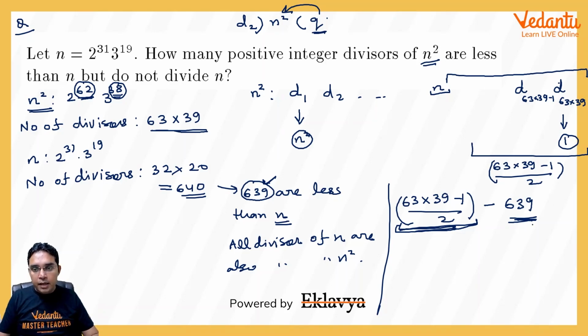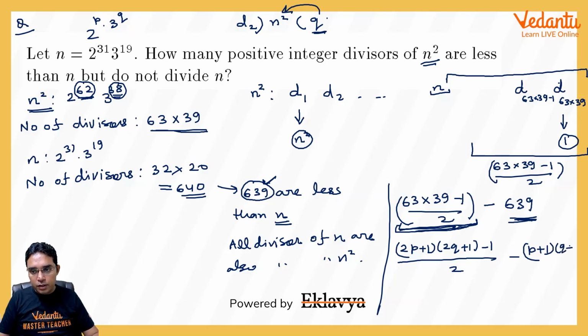I will leave this question for you to solve, but let me tell you, there is one very simple calculation for this question. To do this question in a general way, suppose this is 2 power p and 3 power q. Then what will be my expression? Please see, it will be ((2p plus 1) into (2q plus 1) minus 1) divided by 2, minus ((p plus 1) into (q plus 1) minus 1).